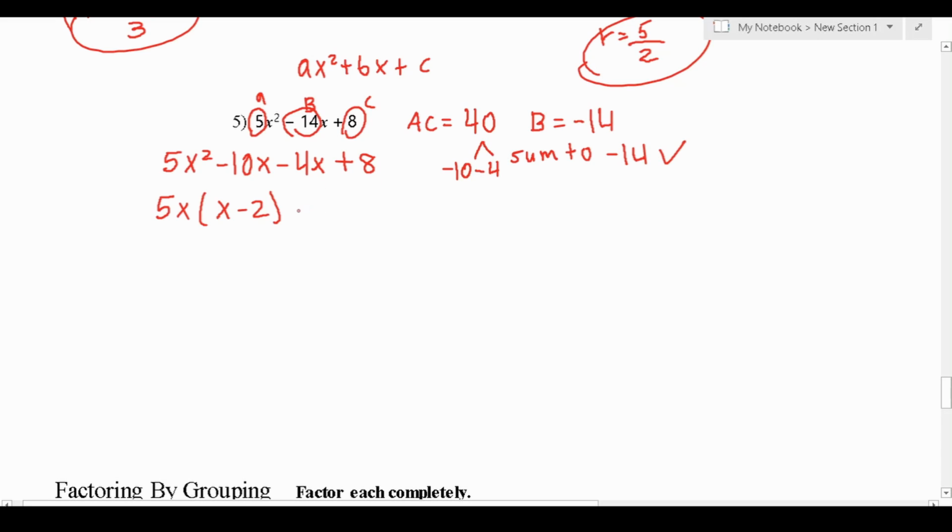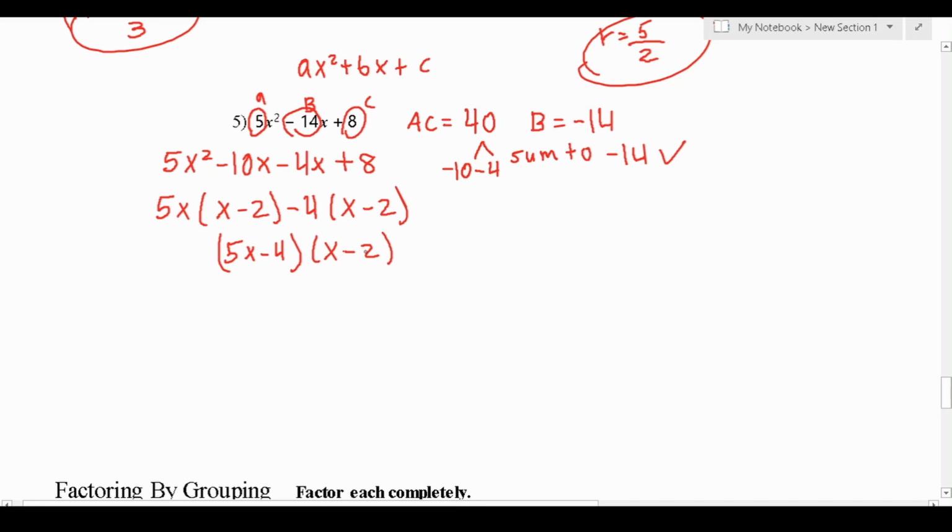So I'm going to factor out a negative 4, which is going to leave me with x minus 2. And now you combine 5x minus 4 as well as x minus 2, which are going to be your factors. So this is going to be 5x minus 4 as one factor, and x minus 2 as the other.